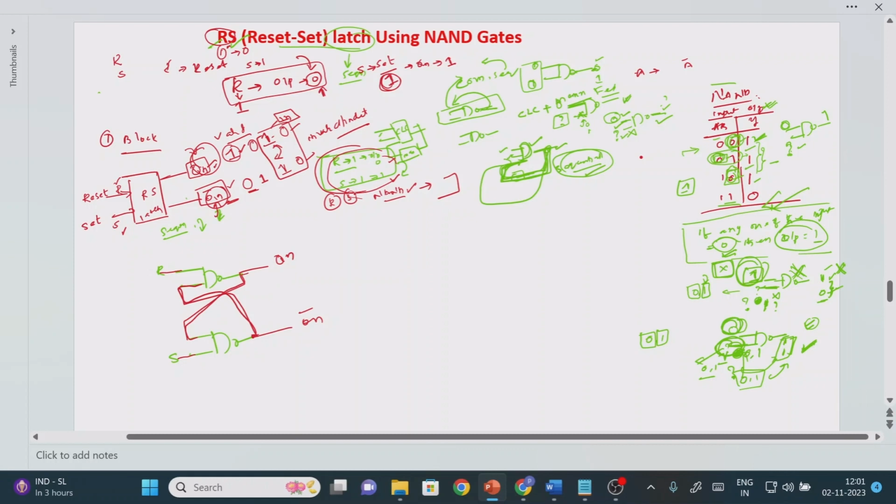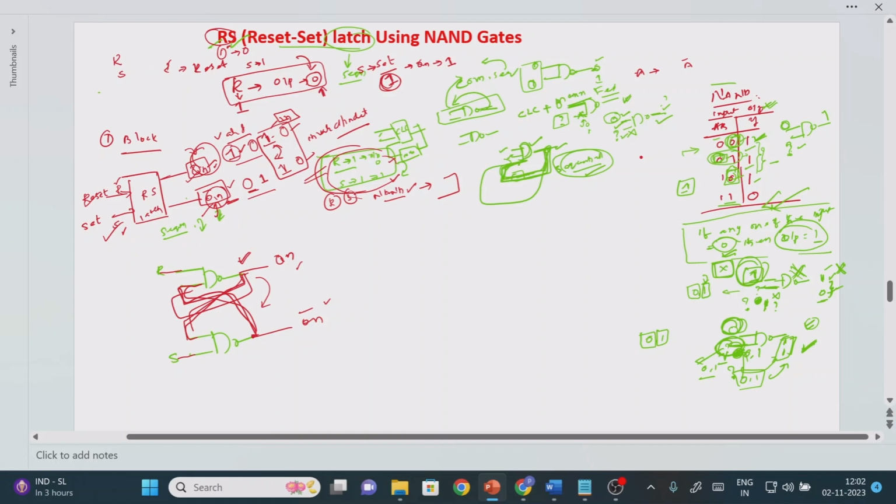Otherwise, if you connect something else, you will not get this condition, and one logic gate will not be connected with the other. For that reason we connect one to another. So one circuit design is completed. We have two inputs and two outputs. Remember these conditions, these are important.